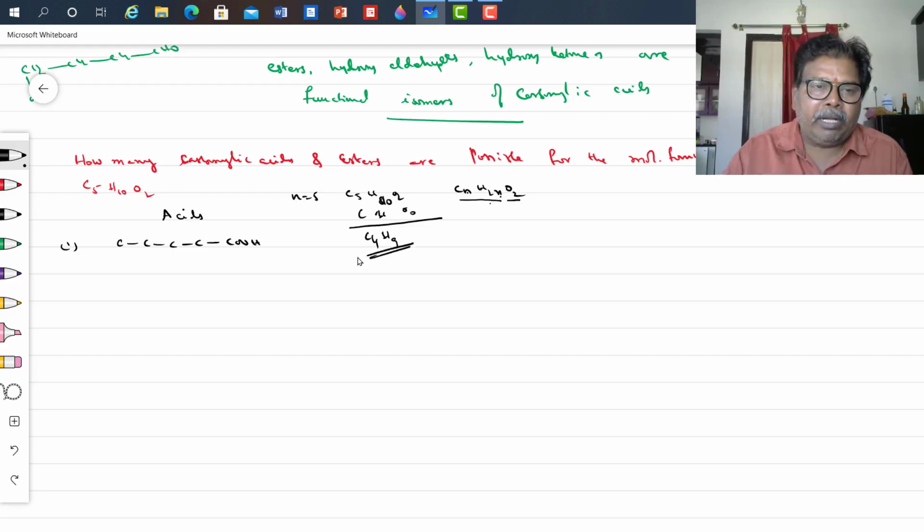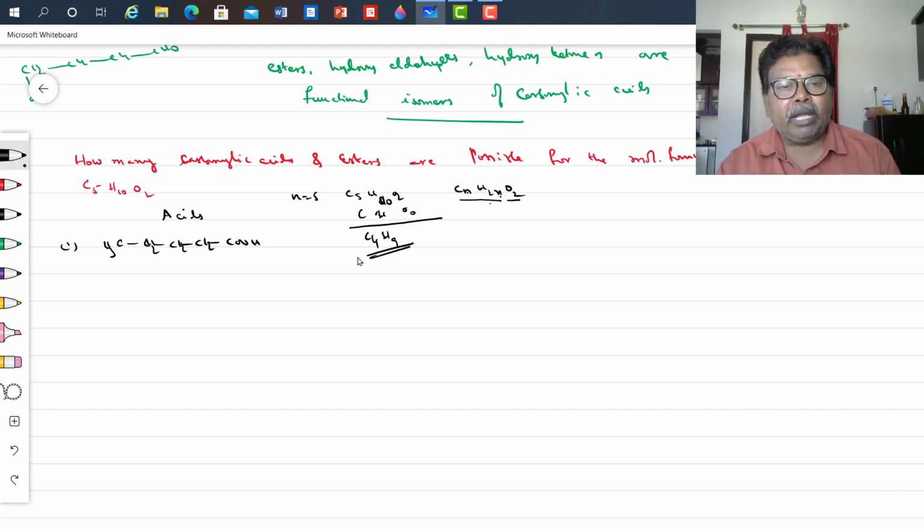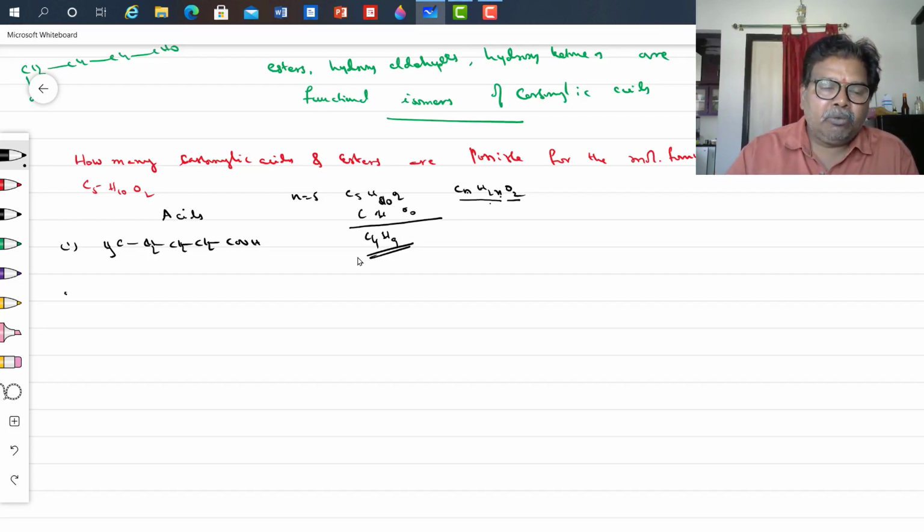The C4H9 group remains. So put here CH3, CH2, CH2, CH2. So this is the N-butyl group with COOH. How many butyl groups do we have? 4. What are they? N-butyl, secondary butyl, isobutyl, tertiary butyl. So we can write 4 acids.